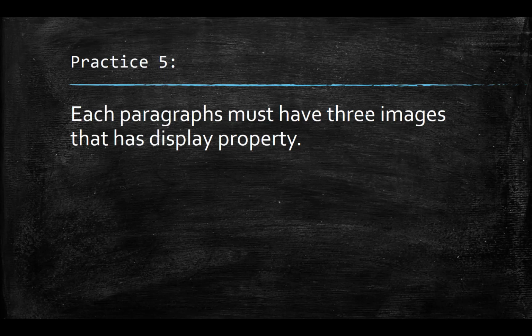Then another image, then another paragraph. Use the paragraphs from your practice number 1. So before each paragraph there are three images. Clear? Images, then the first paragraph. Then another image, the second paragraph. Another image, and the third paragraph. Make sure that your paragraphs and images are related. For example, if your image is a dog, it talks about dogs.